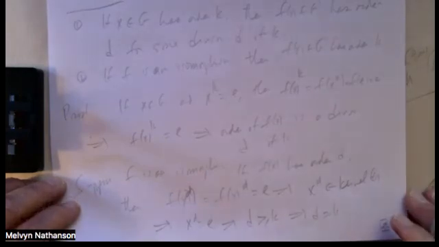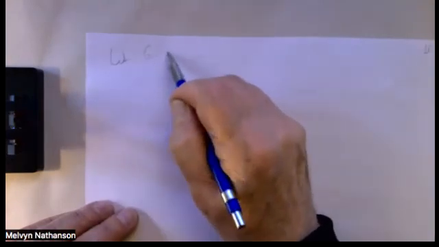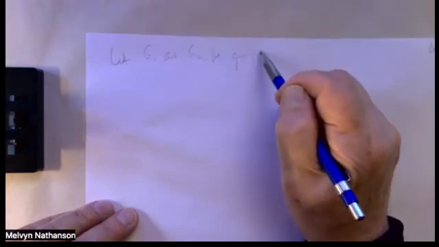Let me make one last remark about group theory. It's nice to have examples of groups, and there's a way, given two groups, to construct a new group from it. So let G1 and G2 be groups.